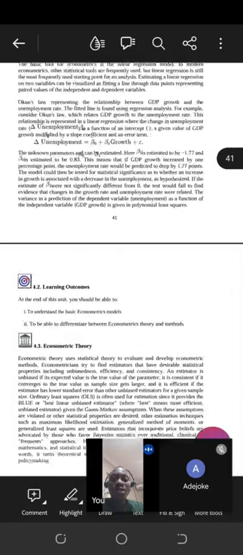So there is a change in unemployment. Unemployment is the dependent variable here, or the regressand, and it is a linear function because the linearity we talk about for a regression line is linearity in parameters.